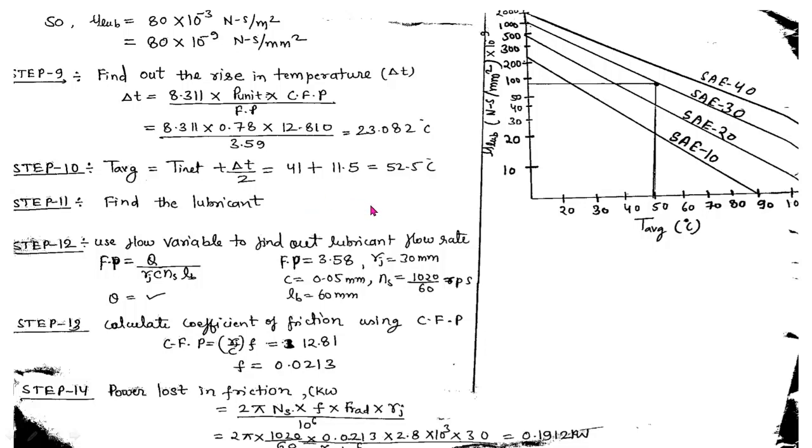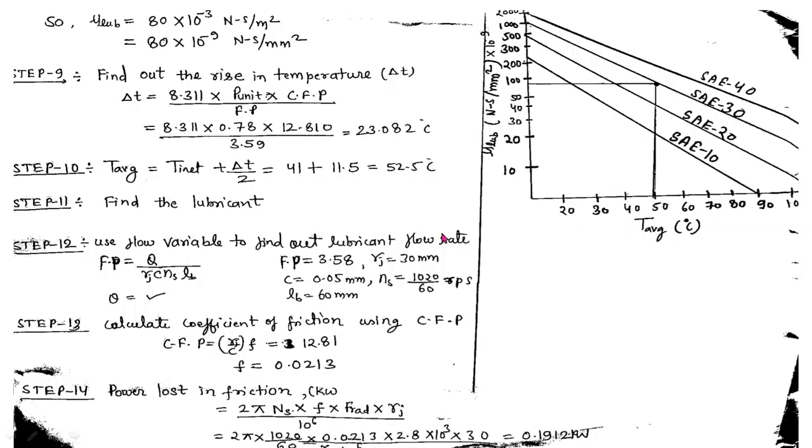For that, we have to look into this graph. In most data books, this type of graph will be available, but in some cases the graph is not available, and a table is available instead which shows the relationship between the viscosity of the lubricant and the average temperature. Here mu lub is the viscosity of the lubricant and T average is the average temperature of the lubricating oil.